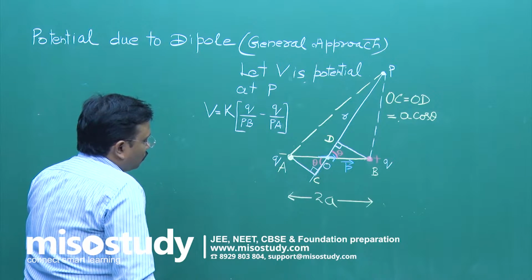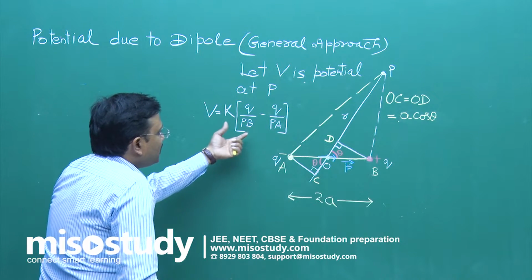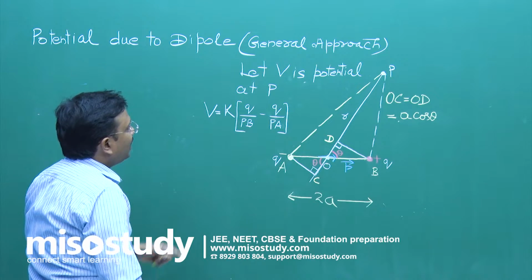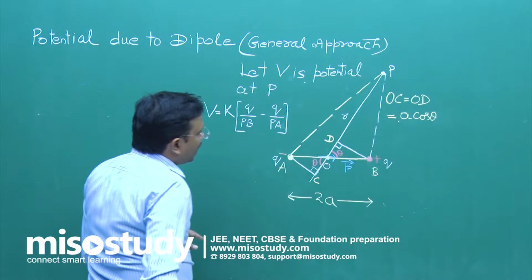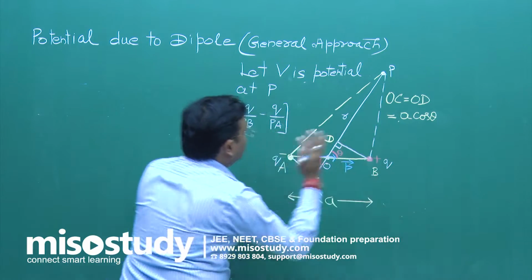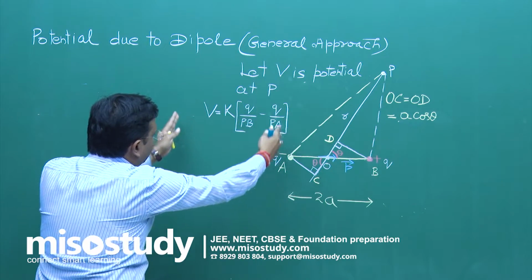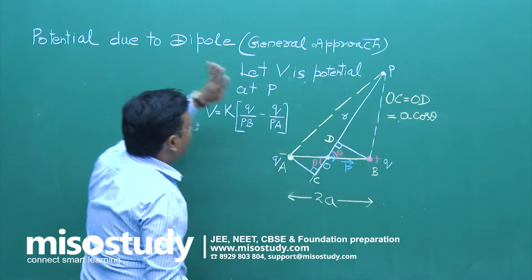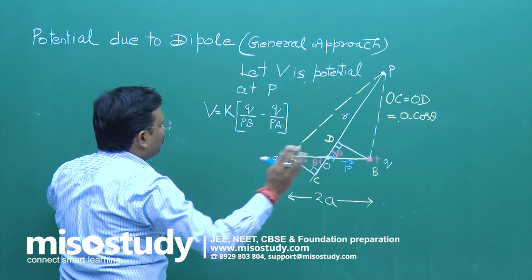Now we will try to find the value of PA and PB. How will we find the value of PA and PB? Let me cut this portion and place it over here. Why? Because I want to write something over here in which I will use this diagram again and again. So I want this entire space to be free.